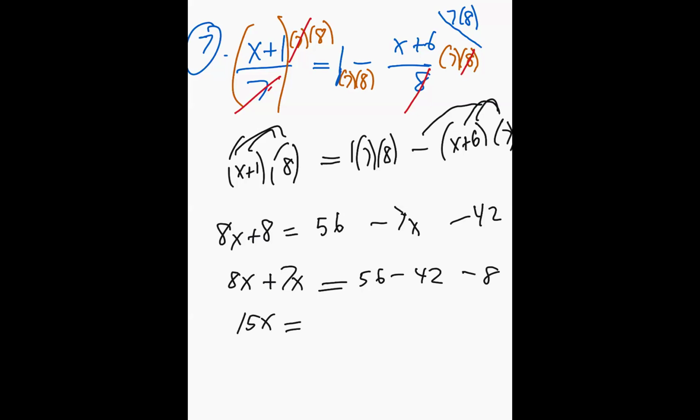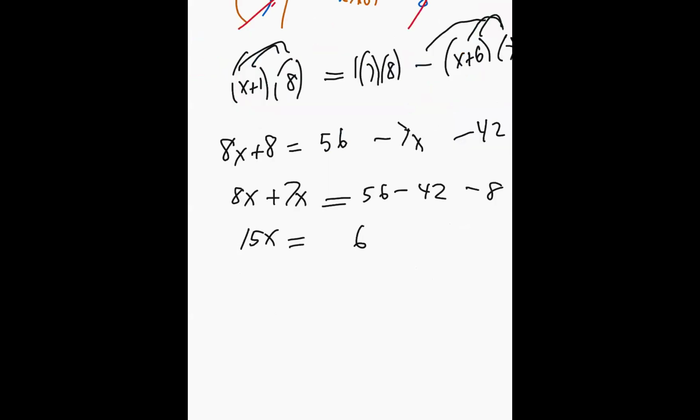So 15x, and then 56 take away 42 is 14. And then 14 take away 8 is 6. So it equals 6, right? And then we have to get x by itself now. Divide by 15 on both sides. Then it crosses out the 15 on the left, and you get 6 over 15 on the right.